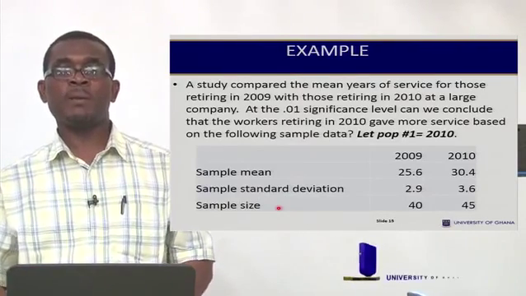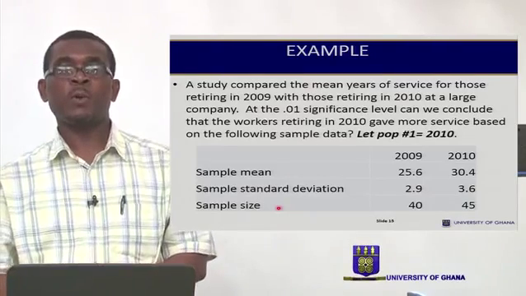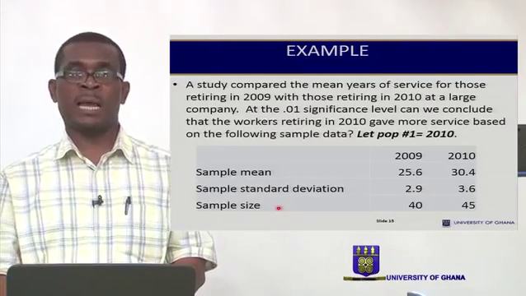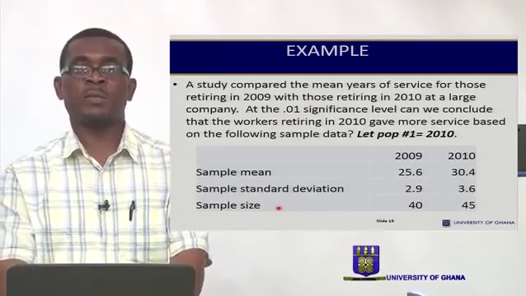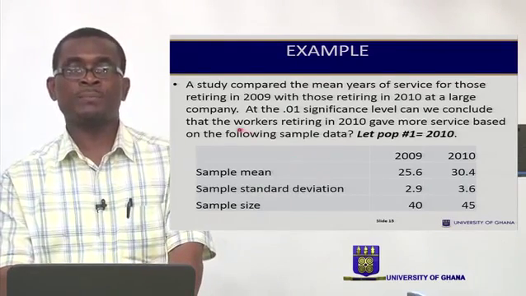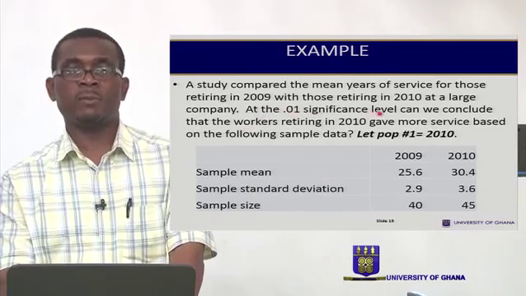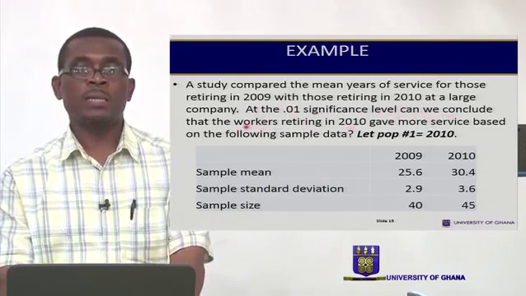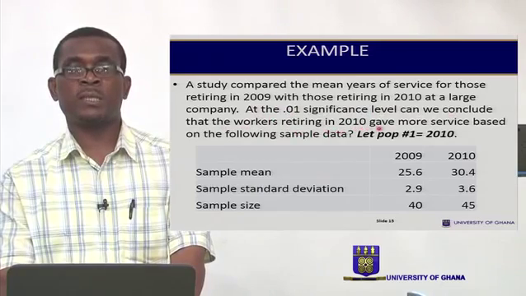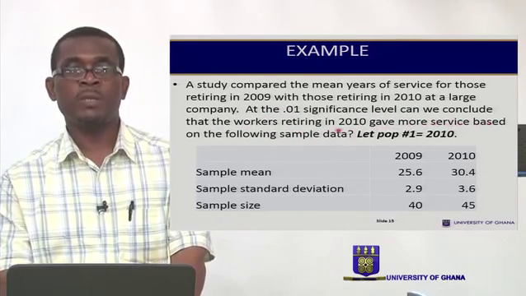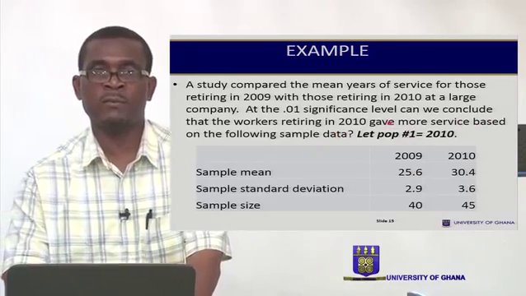A study compared the mean years of service for those retiring in 2009 with those retiring in 2010 at a large company. At the 1% significance level, can we conclude that the workers retiring in 2010 gave more service based on the following sample data? So this is the information.